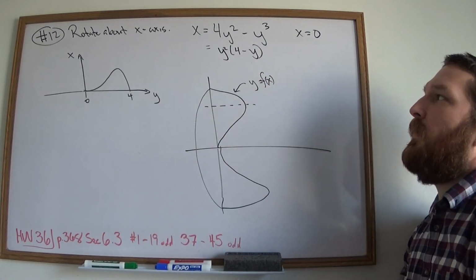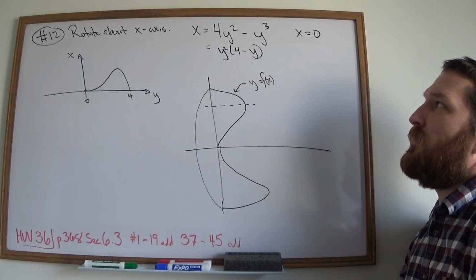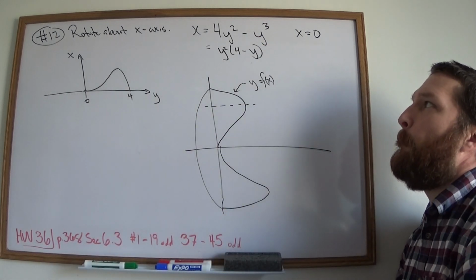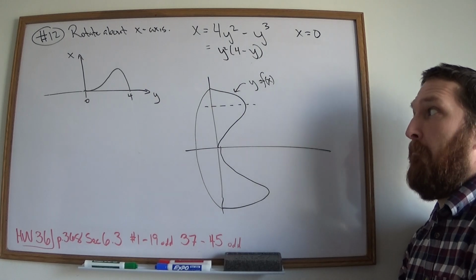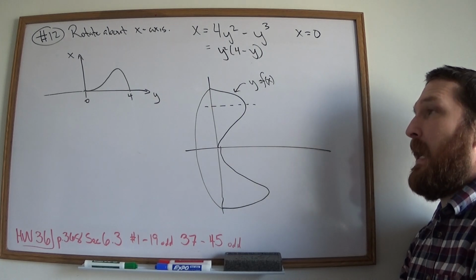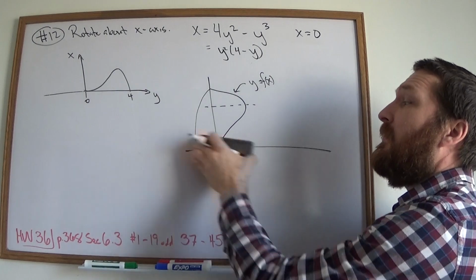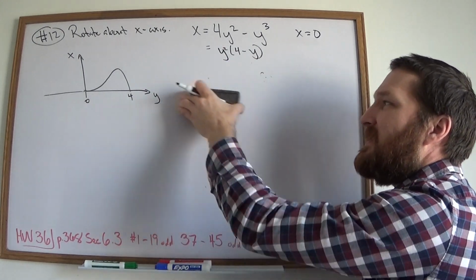How would you do that? How do you solve for y in terms of x with a cubic? You could do it with a parabola, but with a cubic, good luck, right?